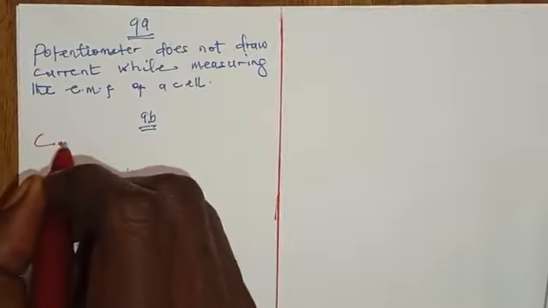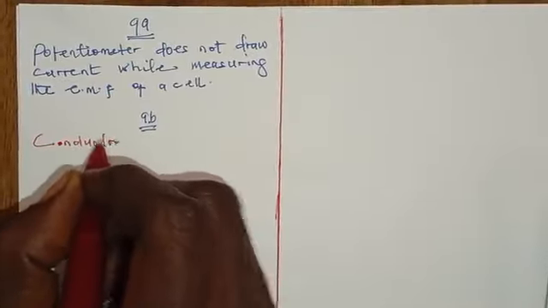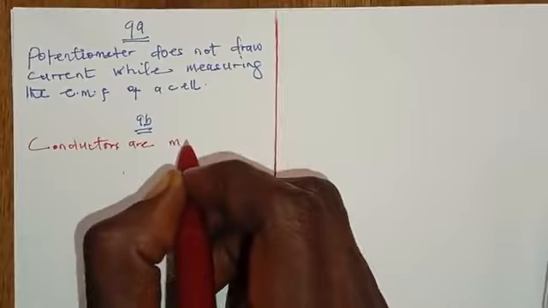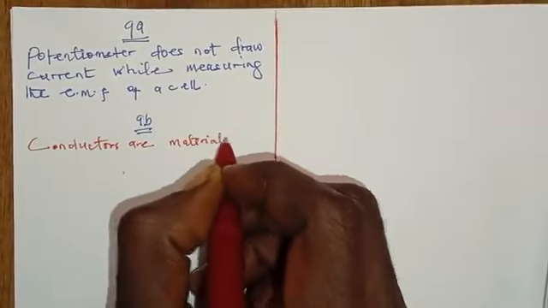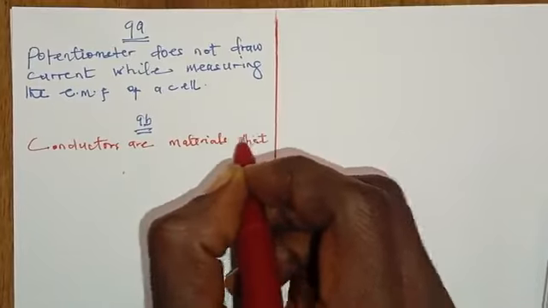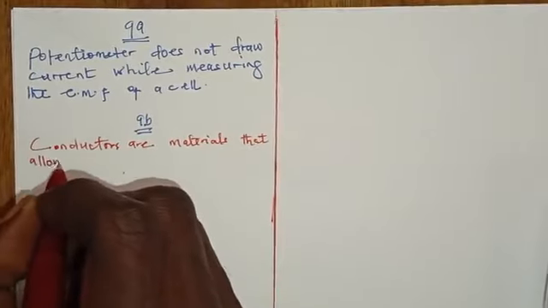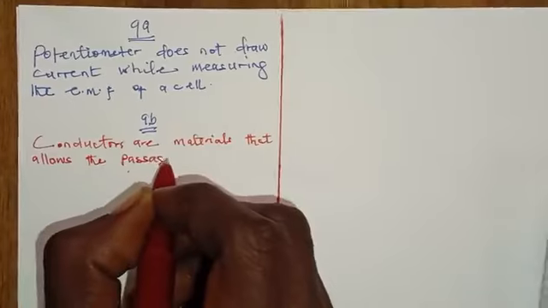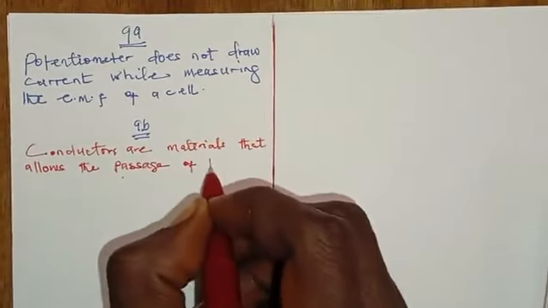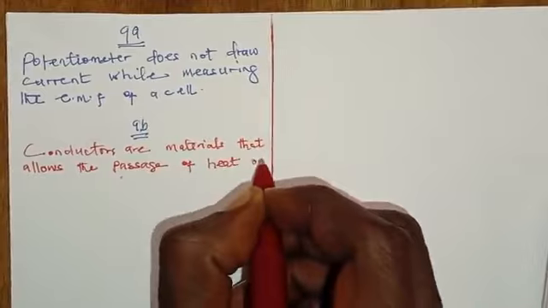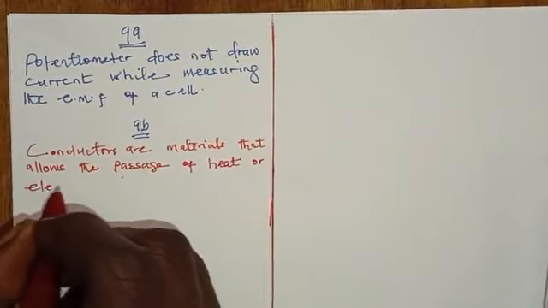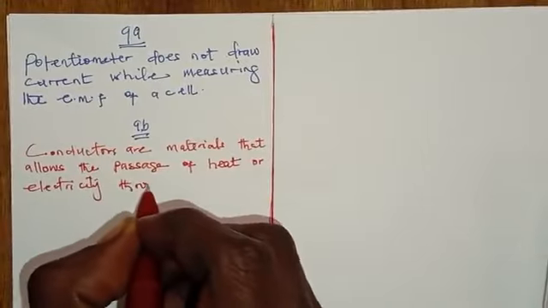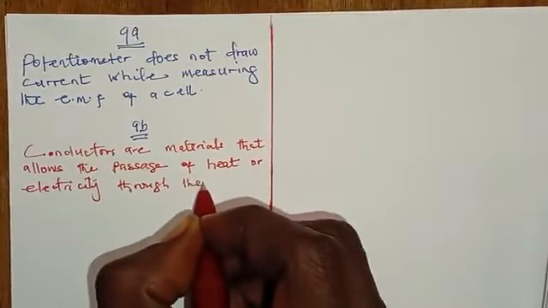So conductors in general are materials that allow the passage of heat or electricity through them easily.